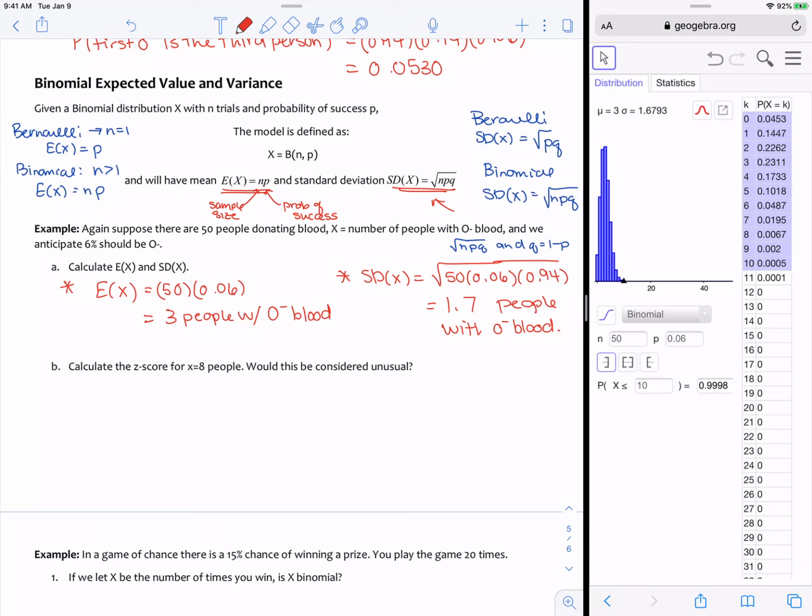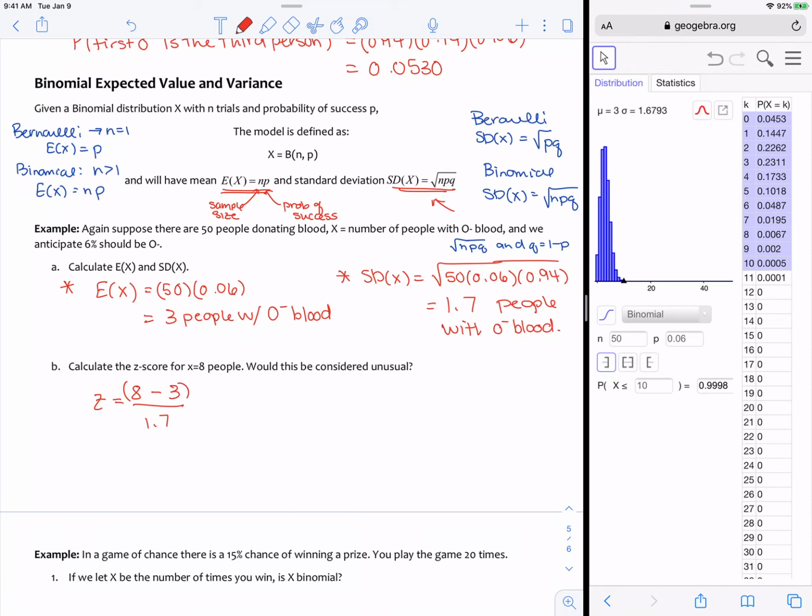Okay, z-score for X equals 8 people. So we want to find how many standard deviations away from the expected value having 8 people with O negative blood is. All right, so Z is going to be equal to our data value, X equals 8, minus the mean, which is the expected value, so minus 3, divided by the standard deviation, which is 1.7.